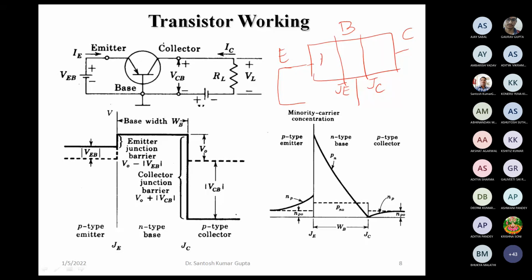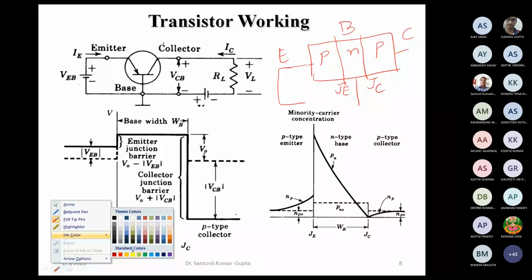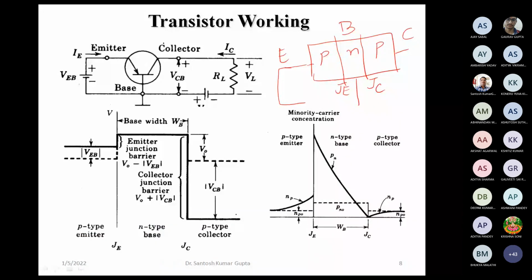The regions which we put together may be of the order PNP, or this can also be NPN. So either NPN or PNP we can have.